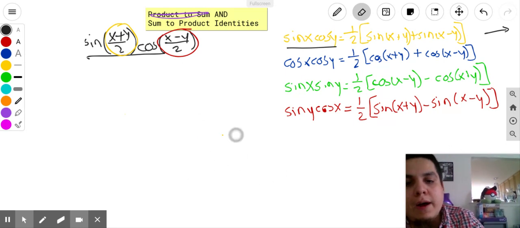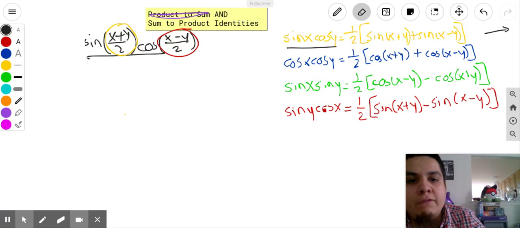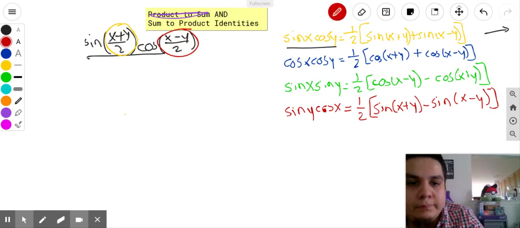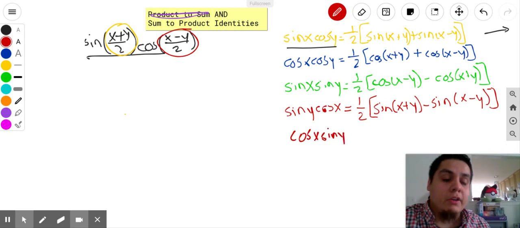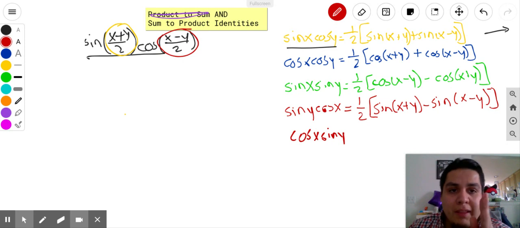So I'm going to choose to view the red equation as cosine of x times sine of y. It's still multiplying the same two things, but I'm keeping the x and the y order consistent because that's going to make it easier for me.